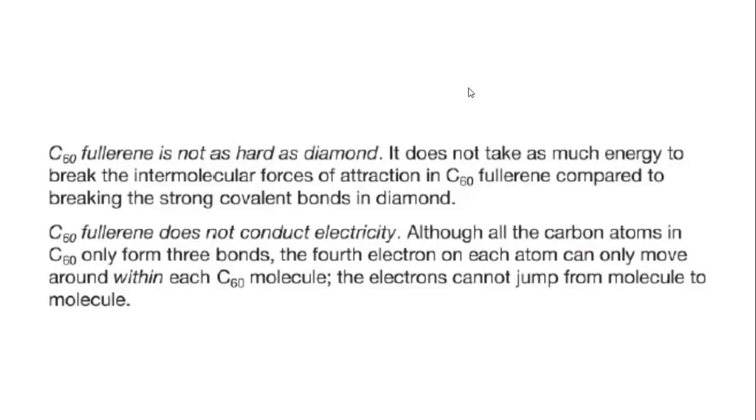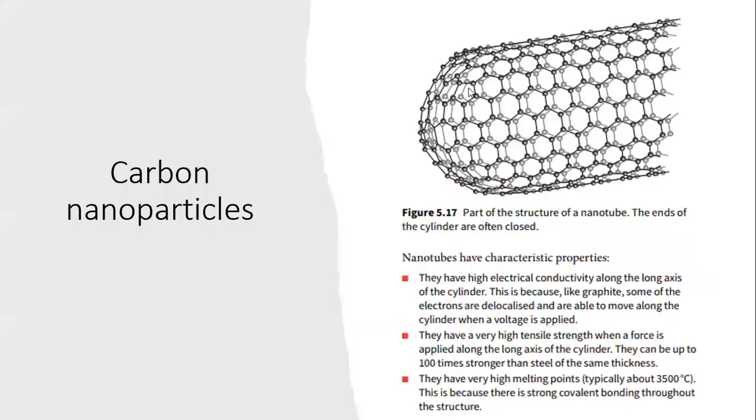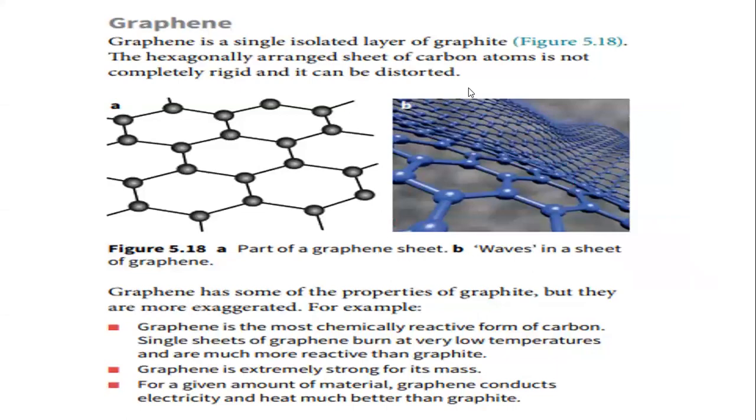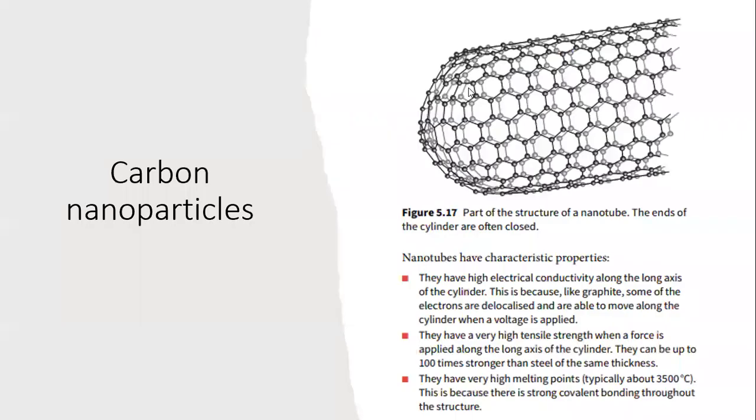So we have done C60. Another type of fullerene is nanotubes, which is over here. I was being specific about C60 fullerene, because you can have different types of fullerene. In your nanoparticles, you have C60 fullerene, and then you can have nanotubes, which are just another type.